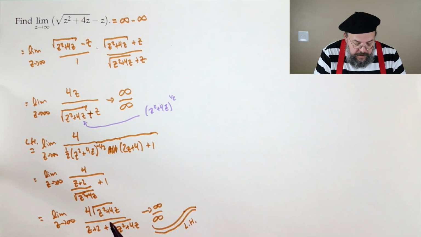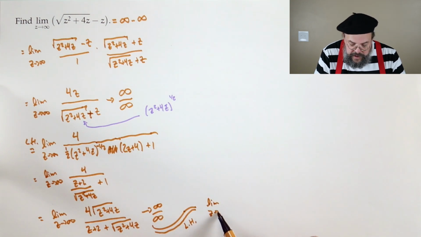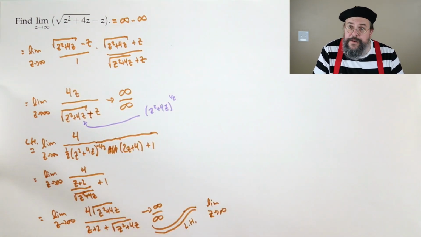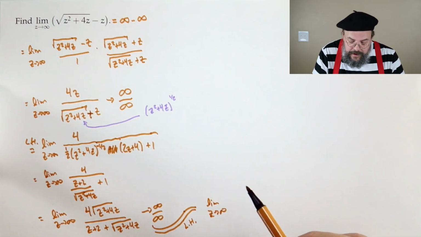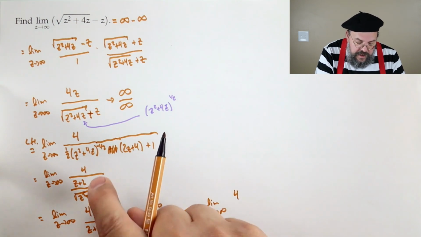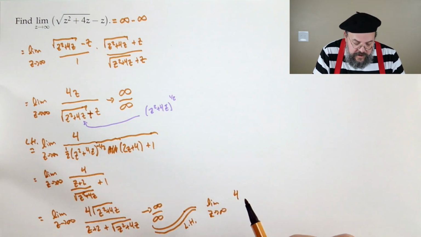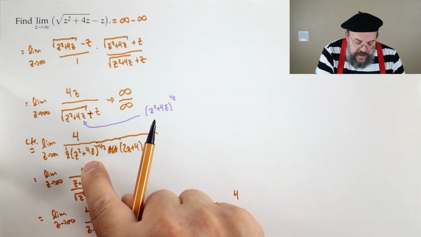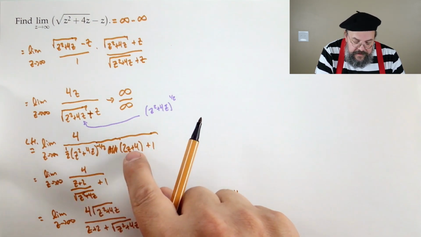And what do we get? Well, upstairs, we're going to have the following. Don't forget, we still have our limit coming all the way along. We always write our limit down until we're done with our limit. So we'll have 4, and the derivative of the square root of z squared plus 4z, well, we actually did it over here. See, it's the 1/2, then the z squared plus 4z to the minus 1/2 times 2z plus 4.